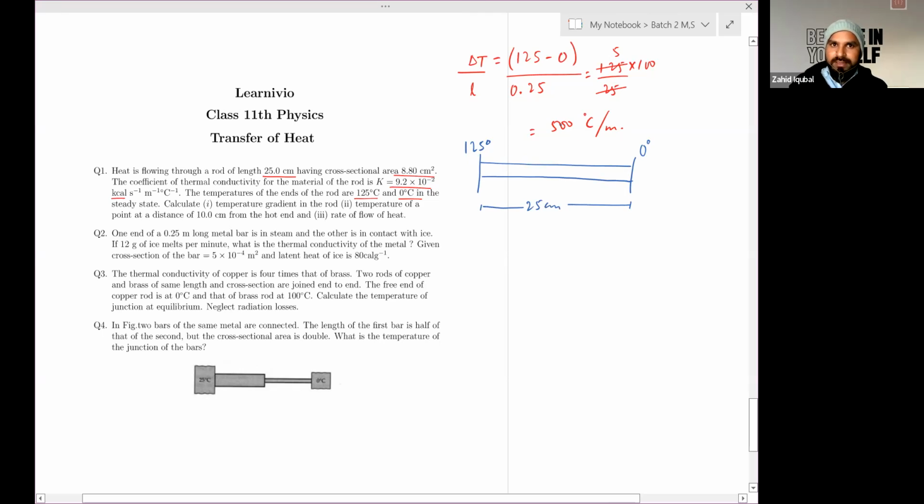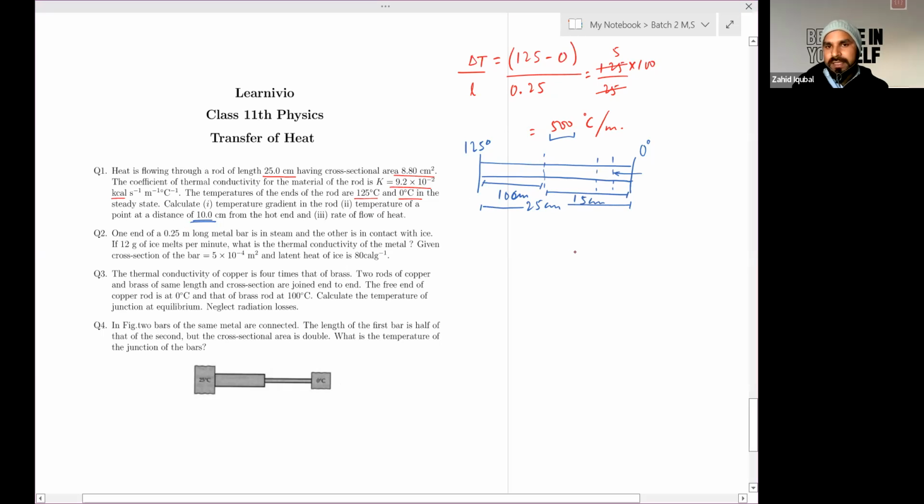So this temperature gradient, delta T by L, is from the lower end towards the higher end. If you move along this path by any unit length, you'll get this much temperature change. So you have to calculate the temperature at a distance of 10 centimeter from the hot end, that is at this point. From the cold end, it will be about 15 centimeter. Is it clear? Yes, sir.